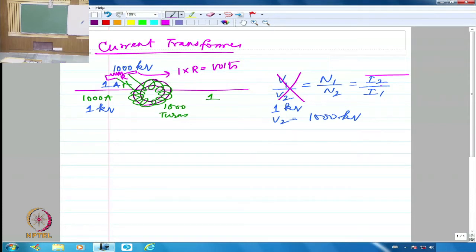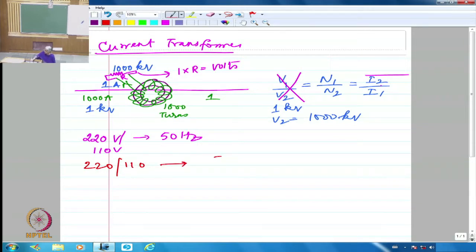When the frequency increases, why would the size of the transformer decrease? Right? That's the question. So if I am comparing a 220 volts 50 hertz transformer, 220/110 or something, let me say, with another one, 220 by 110, say 5 kilohertz, I am going to compare the sizes of these two transformers.